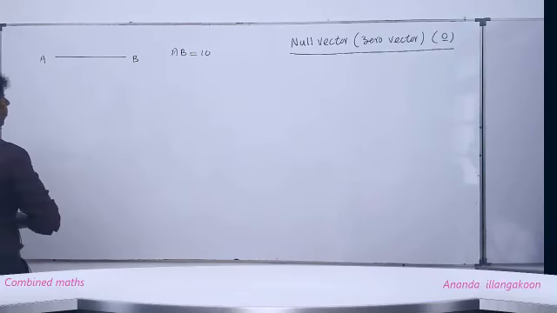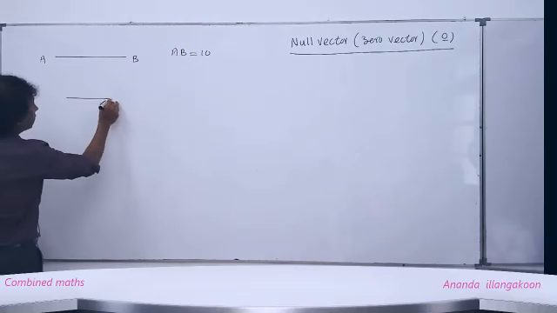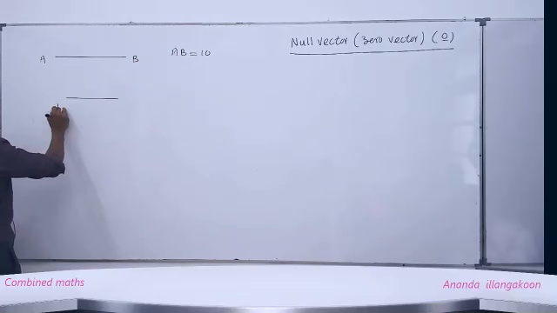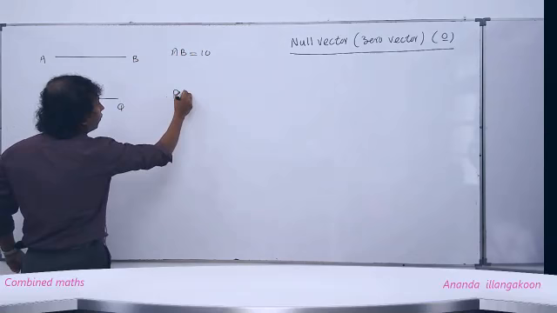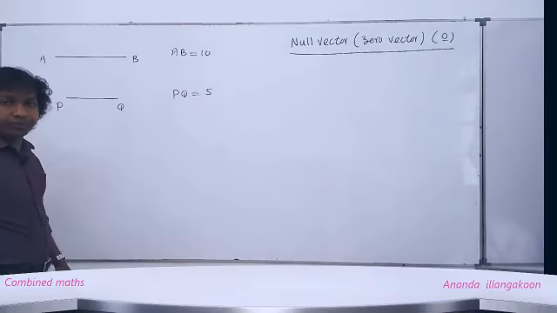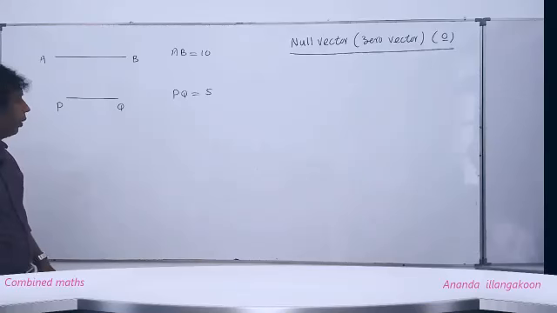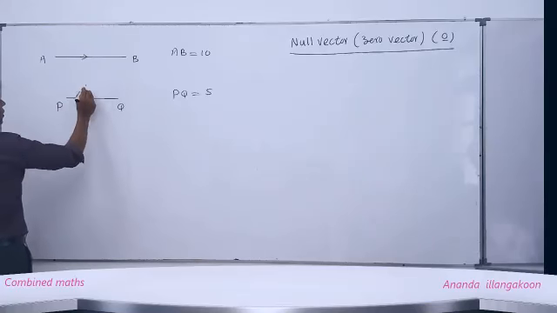Next, suppose another line segment parallel to this AB, we have PQ like this. Suppose this PQ is 5 centimeters or 5 units. These two line segments are parallel.